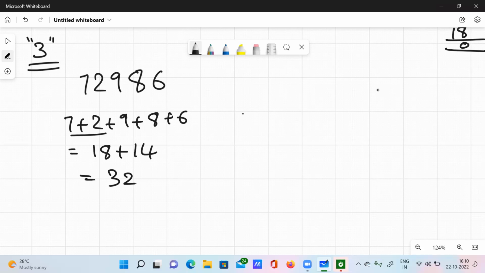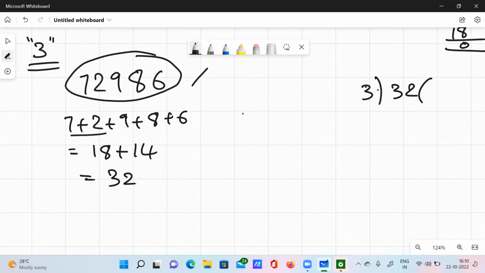You need to know whether this number is divisible by 3 or not. 32 is not divisible by 3; you can't perfectly divide it. So you can say that this entire number is not divisible by 3.